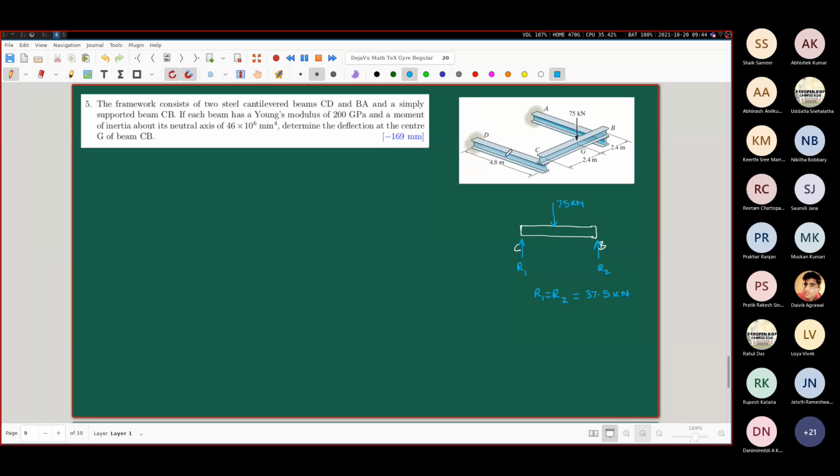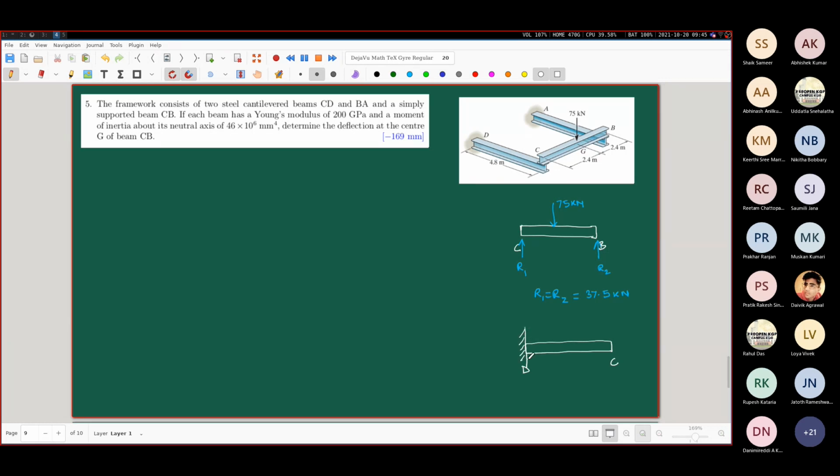individually, if you think about this CD and the BA, which are exactly identical to each other, I can consider only one of them. So this is C, this is D, and please note that at the end D, you have the wall, which is represented by this shaded region here.